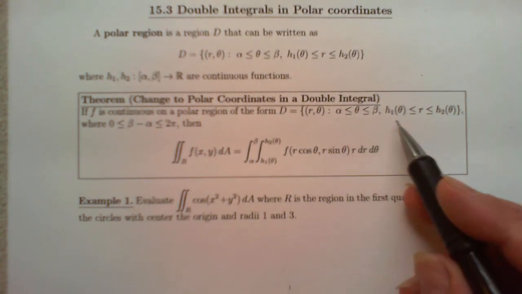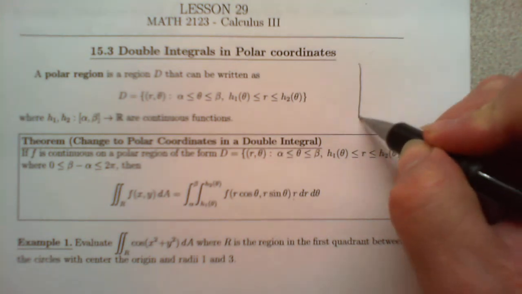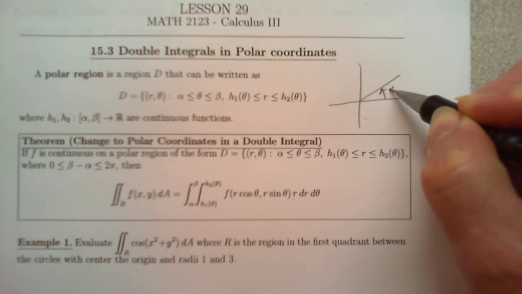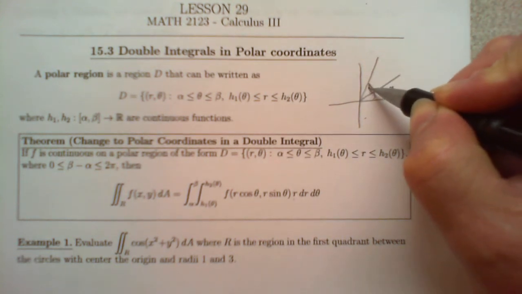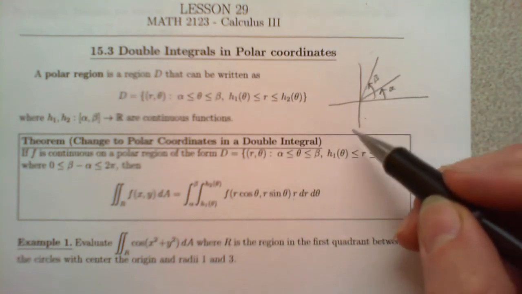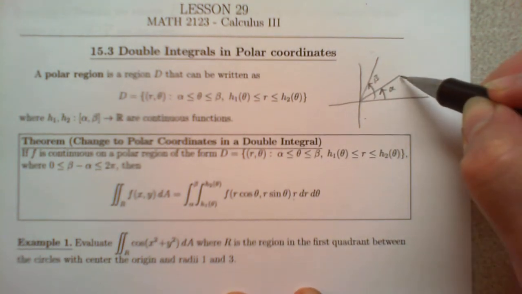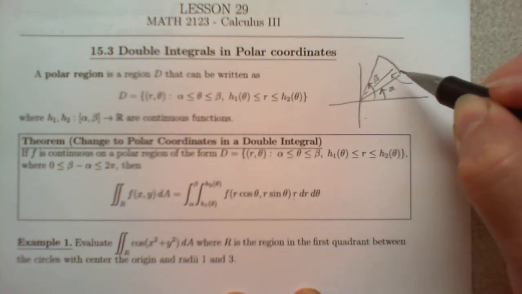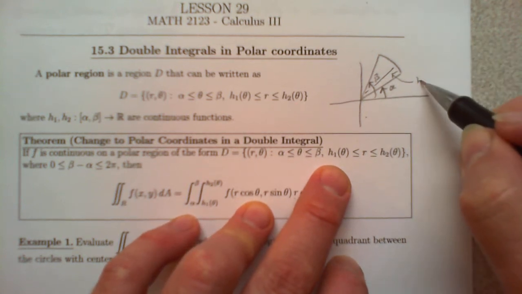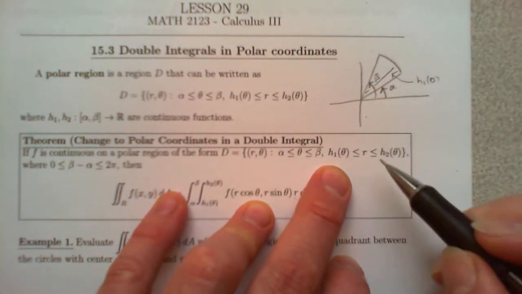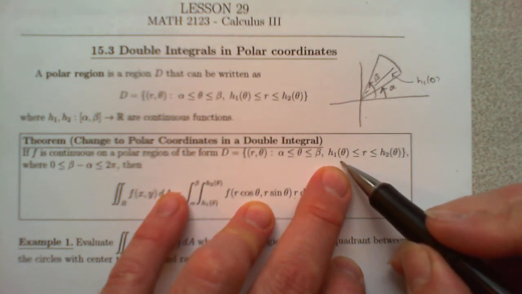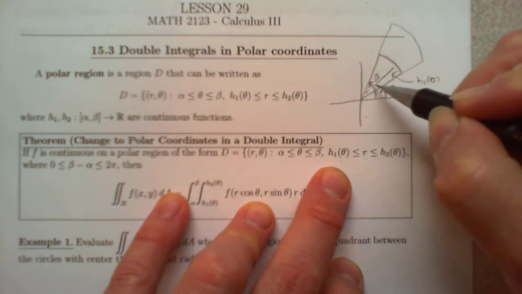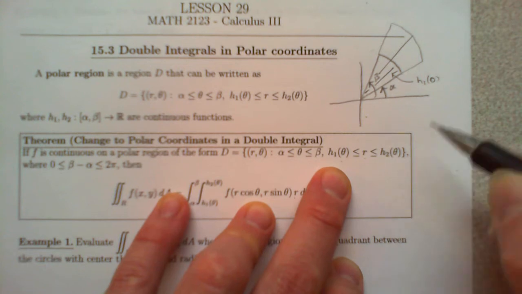In this setting here, alpha and beta are the same as what I had before. So there was a line maybe here, this angle alpha, something over here that went further, beta, and these can go all the way around, but I'm just putting them in this quadrant as an example. And then we had two competing radii. The first one, h1, is r equal to a function of theta, and then there was a bigger one that went all the way out to here.